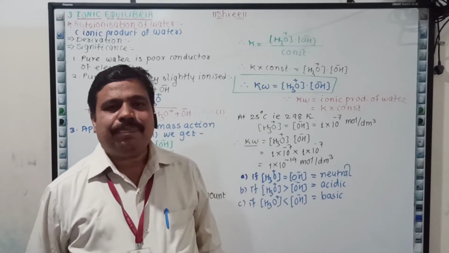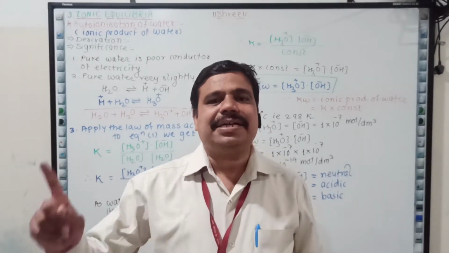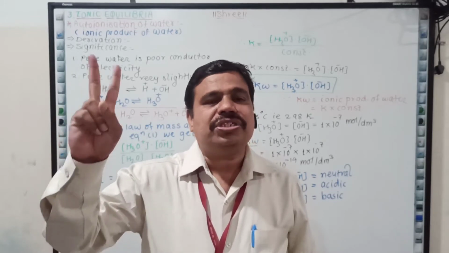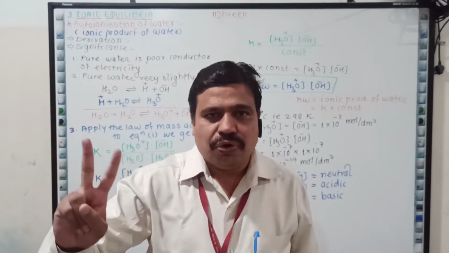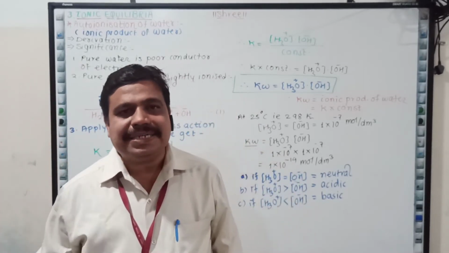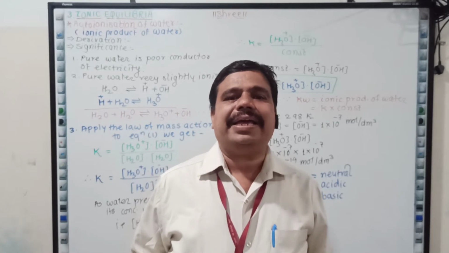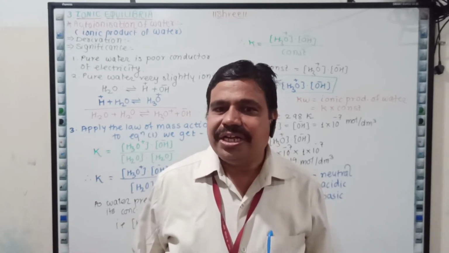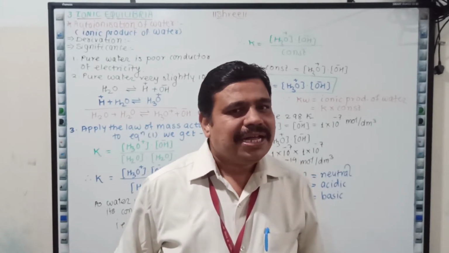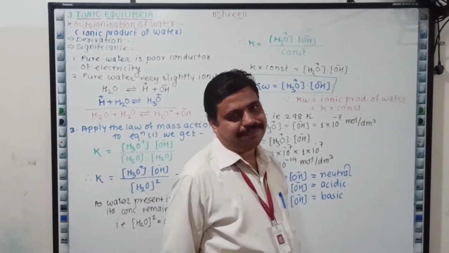Thus, ionic product of water is defined as the product of concentration of H3O plus and OH minus ions in pure water at a given temperature, which is constant, and it is known as ionic product of water.